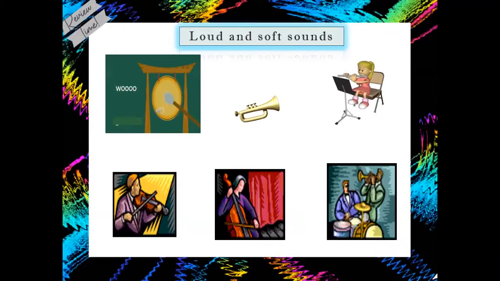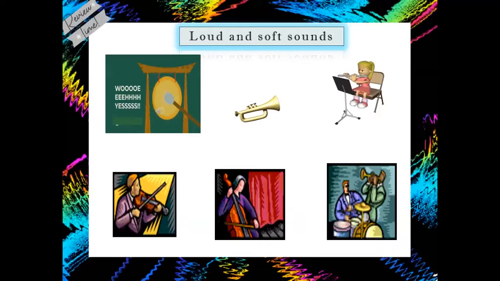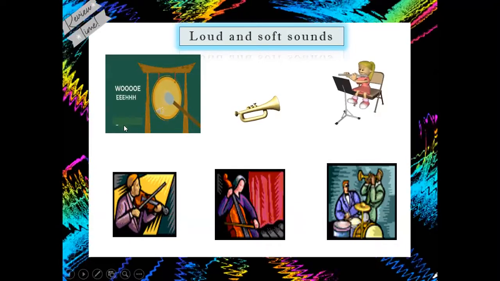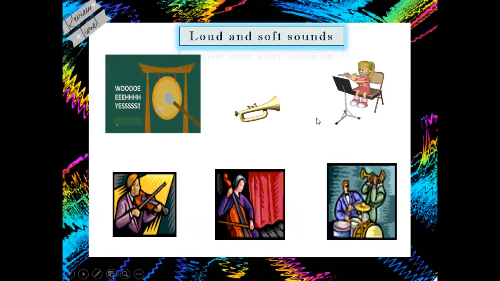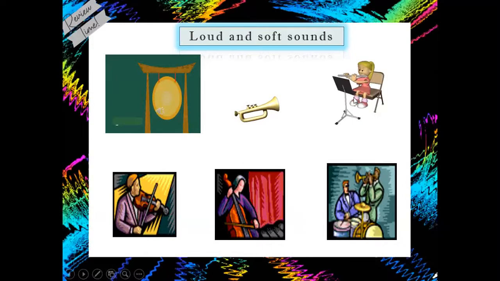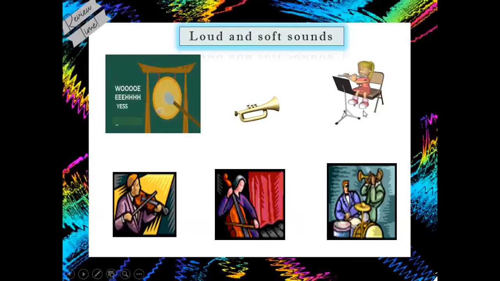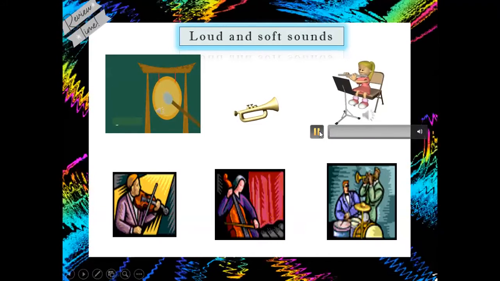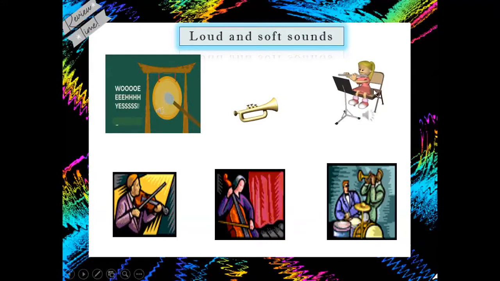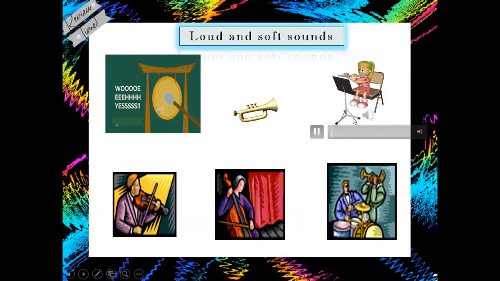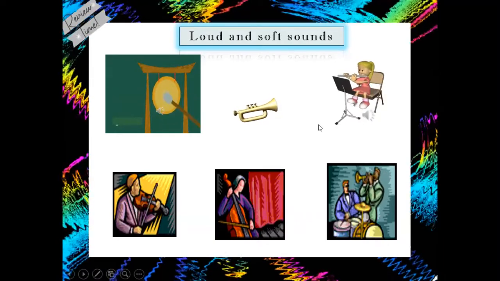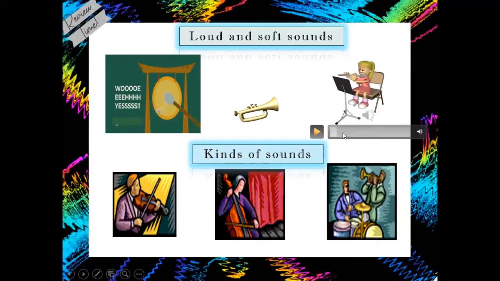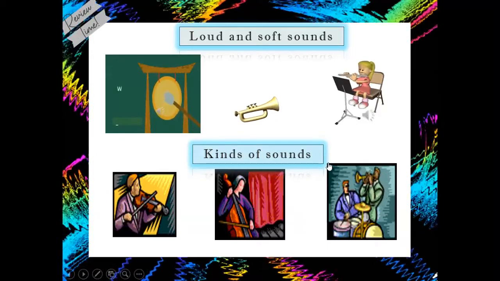And if we press it hard, we hear a loud sound. What about the other instruments, such as the flute? It always has a soft, very pleasant sound. So students, we have different kinds of instruments that produce different kinds of sounds.